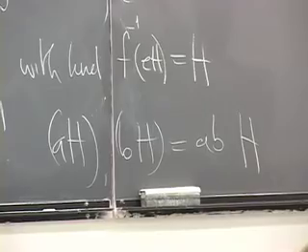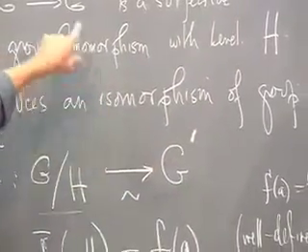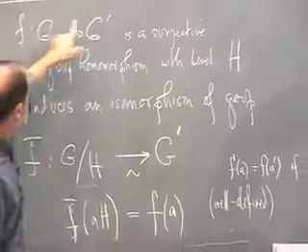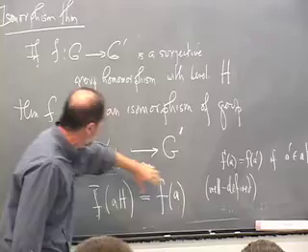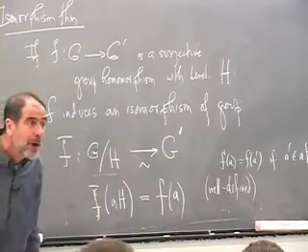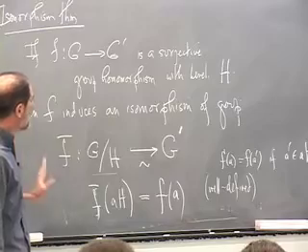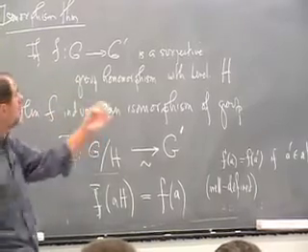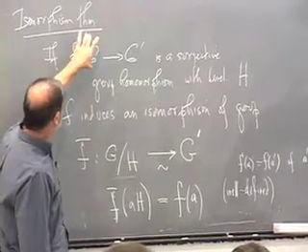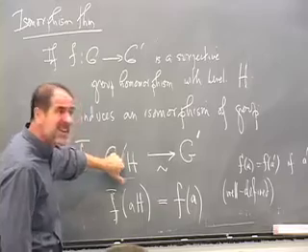It's surjective because the original thing was surjective. So if you wanted to hit something in G prime, you'd find an a in G that mapped to it, because this is assumed surjective, and you take the image of that coset, and you hit your element in G prime. And it has a trivial kernel, because the original kernel was the subgroup H, but H has been collapsed down to the identity in this group.